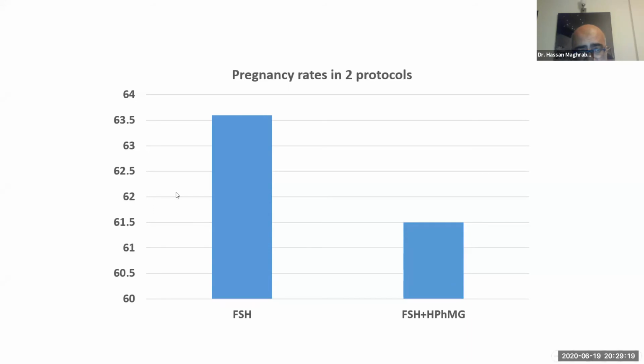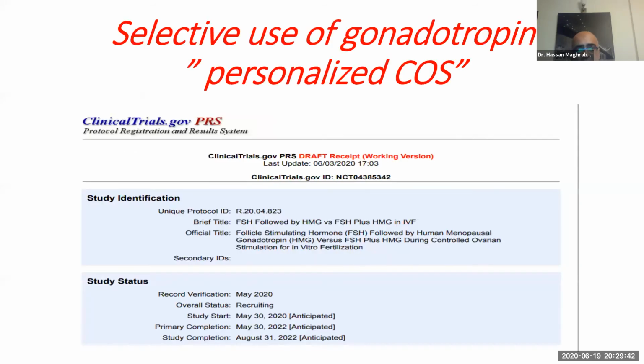Pregnancy rate in the FSH only group was 63%, and in the combined group it was 61.5%, and these were similar results. So both protocols, despite the low number of compact morulae and low number of expanded blastocysts, resulted in a good pregnancy rate, 60%.